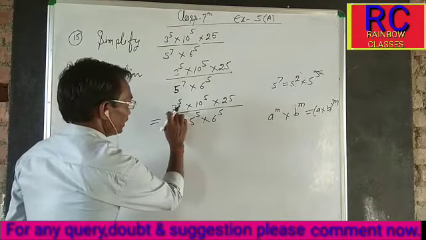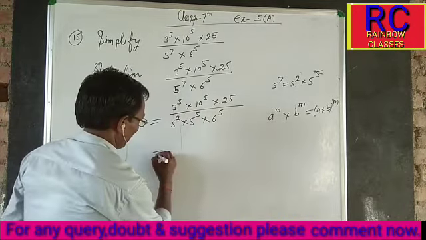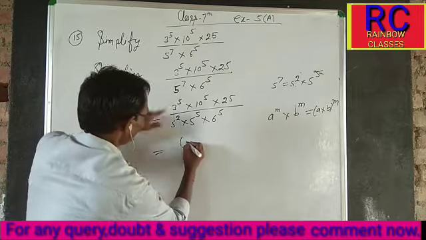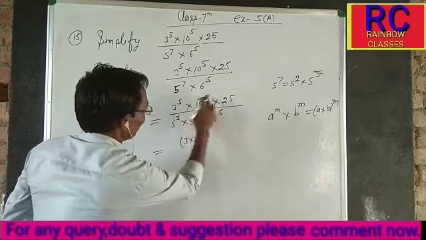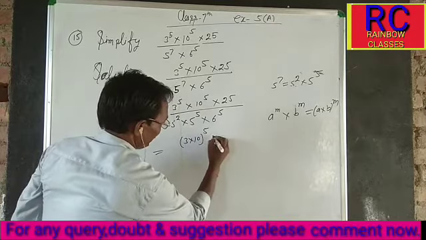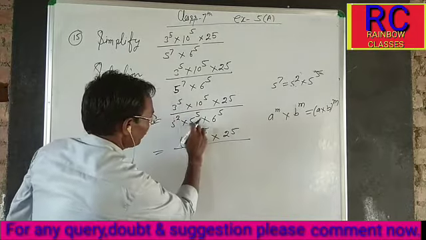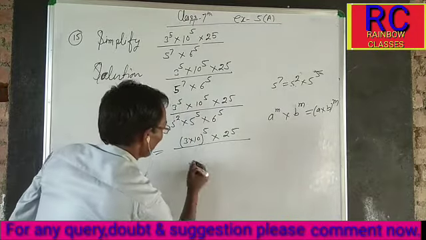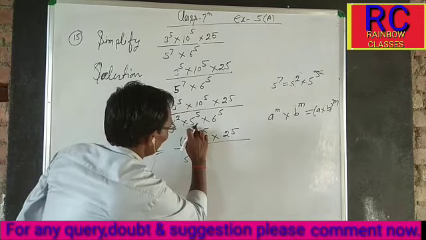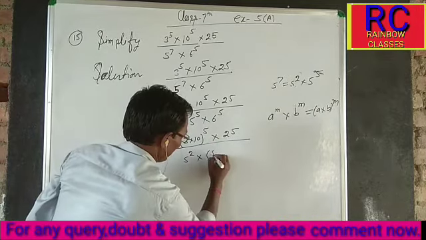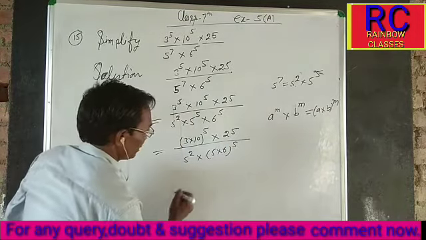So 3 to the power 5 and 10 to the power 5 have equal powers, and so we have 3 into 10. 3 into 10 to the power 5 into 25 by 5 to the power 5, powers are equal. And so 5 to the power 2 into 5 into 6 to the power, common power 5.